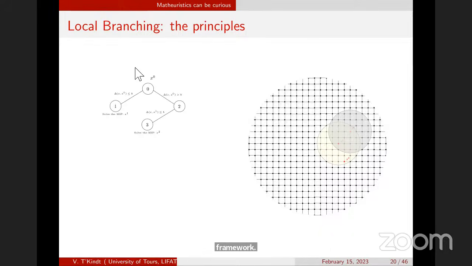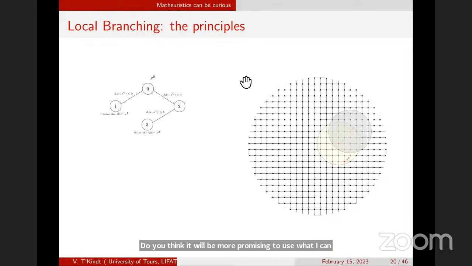So there could be a lot of overlapping. Do you think it would be more promising to use what I can call orthogonal neighbors, meaning that these neighbors move along a different direction in the solution space and do not have a large overlap among each other?